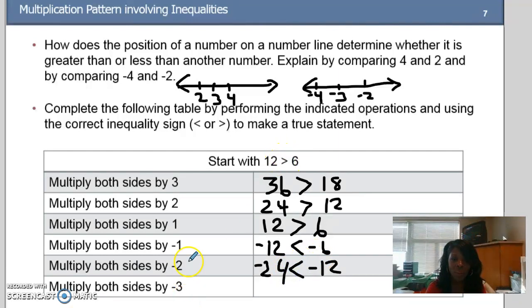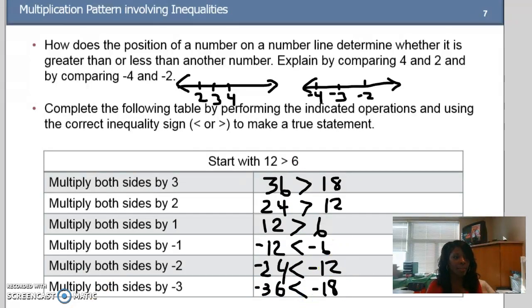So, when we're multiplying by a negative number, what's happening to the sign? Let's do another one. -3 times 12 is -36. -3 times 6 is -18. Does this inequality with the greater than sign remain true as it did when we multiplied by positive integers? No, it does not. -36 is less than -18.